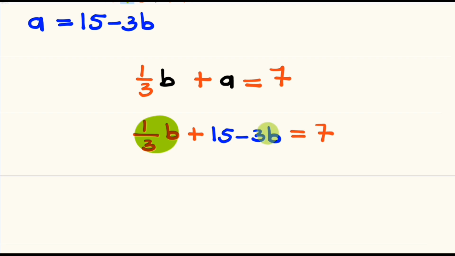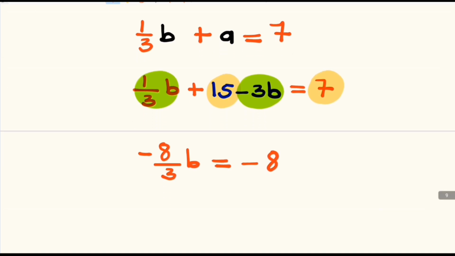The 1 over 3b minus 3b will be equal to negative 8 divided by 3 multiplied by b, and we have that 7 minus that 15 on the left hand side, which will be equal to negative 8.